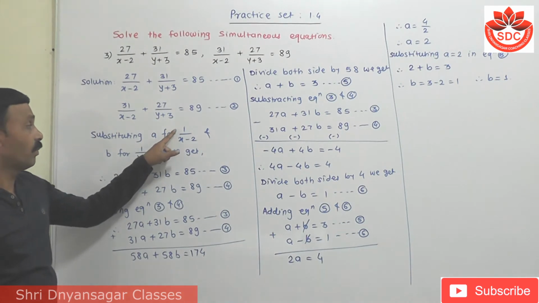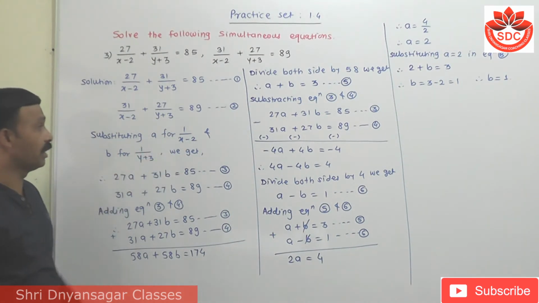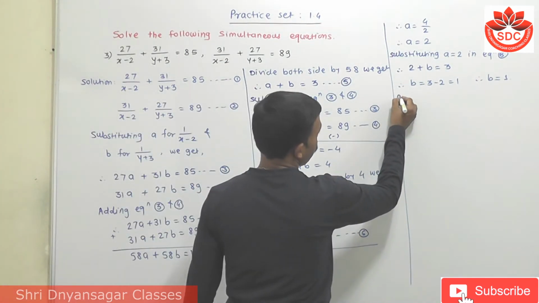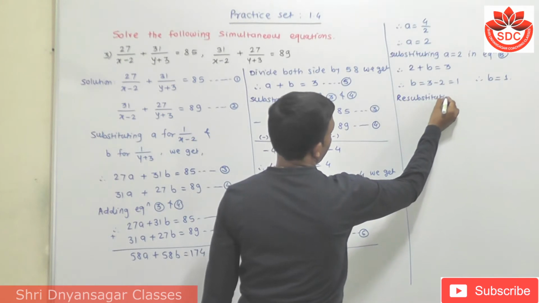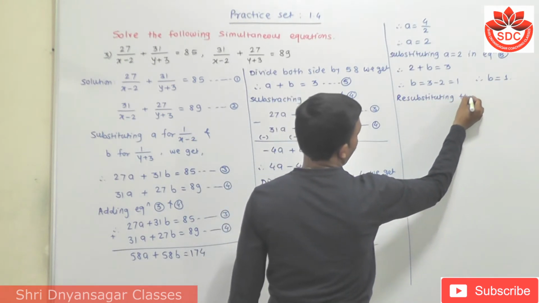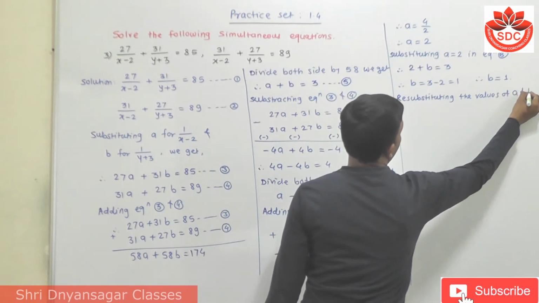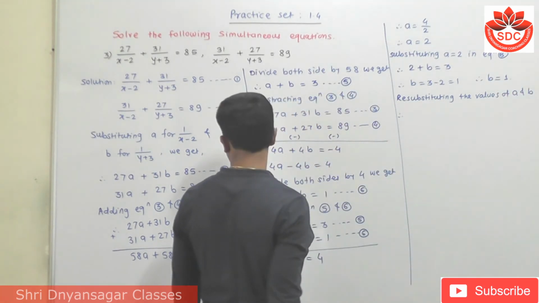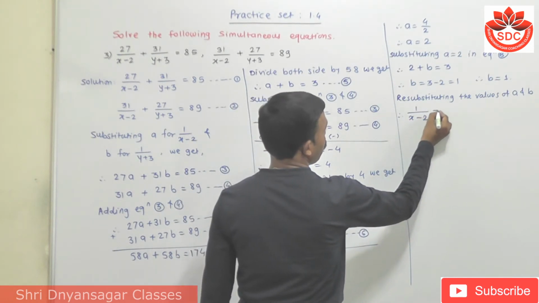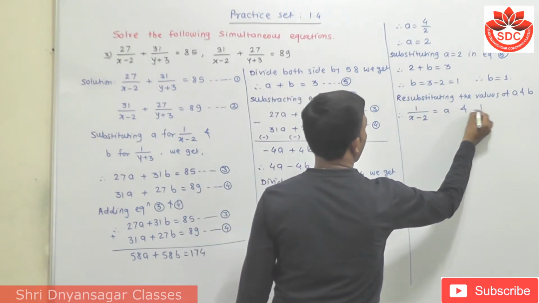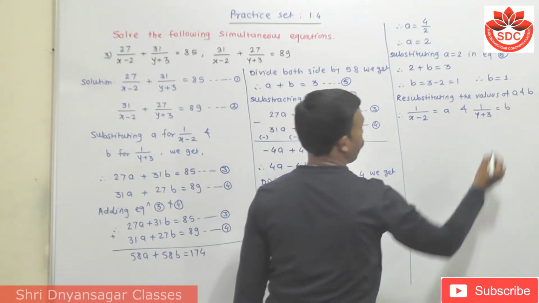Means that 1/(x - 2) = a and 1/(y + 3) = b. Now here I have to write, resubstituting the values of a and b, we get 1/(x - 2) = a and 1/(y + 3) = b.